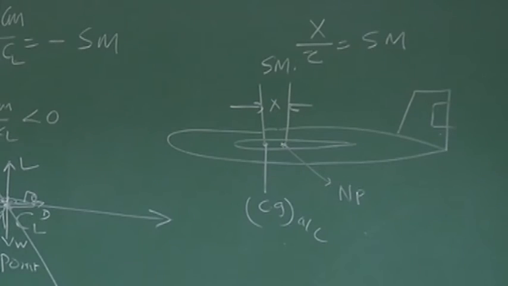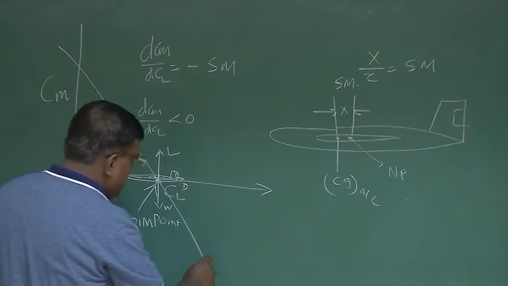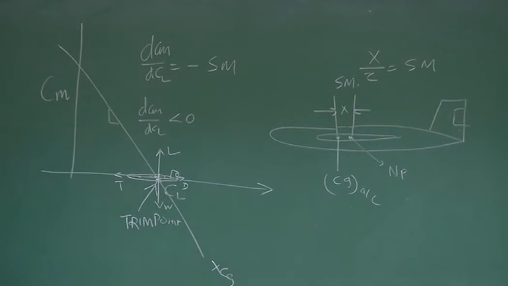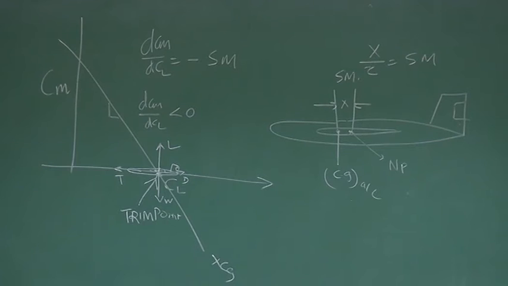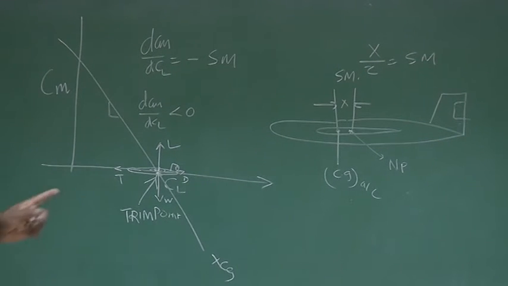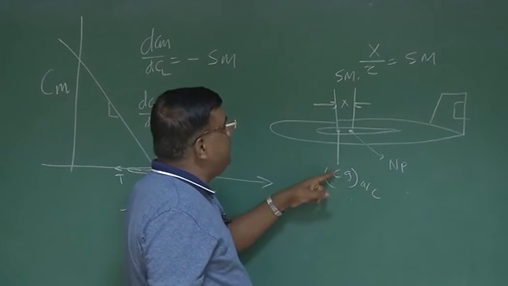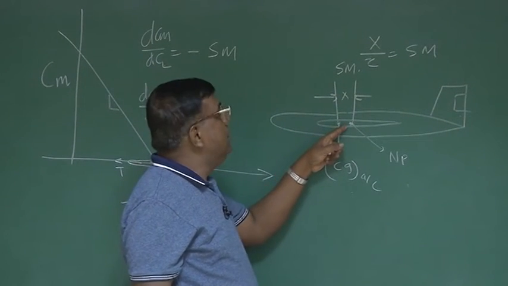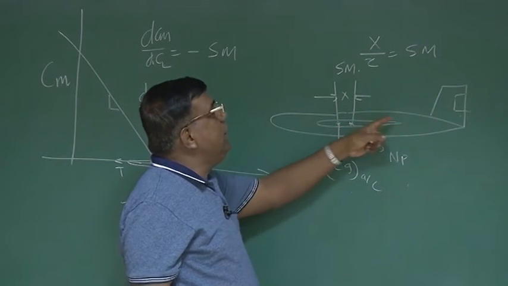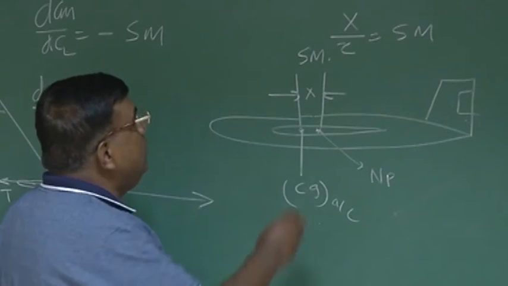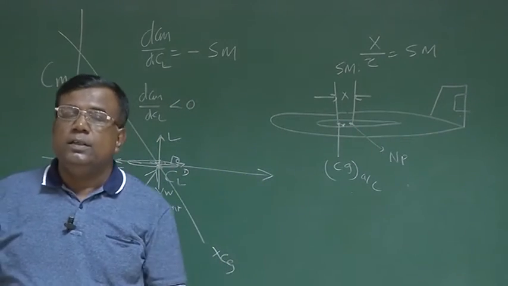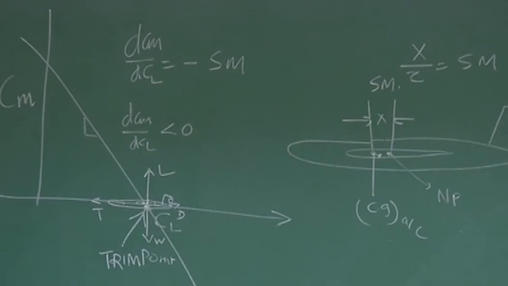Okay? What we also understand is that this static margin is a unique number for a given configuration for a particular CG location. Correct? You can understand from here, if this is the CG of the aircraft and the aircraft is same, but for CG if I change by distributing the internal components, then as CG moves towards neutral point, this separation reduces, so the slope of the line also will reduce.